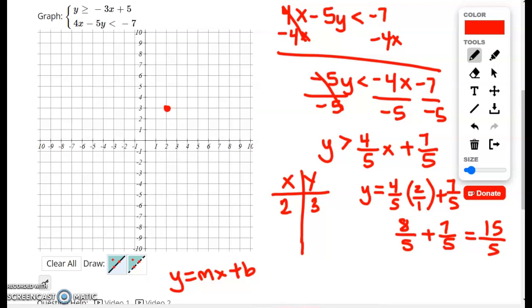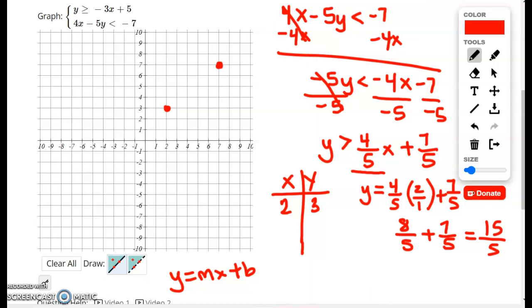Well, anytime we have a point on the graph, we can then use our slope to find another point. So from this point, I can go up 4, 1, 2, 3, 4, over 5, 1, 2, 3, 4, 5, and that will be my line. I guess I can just do it now.